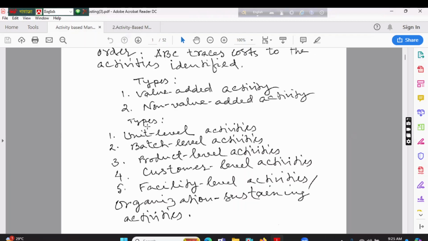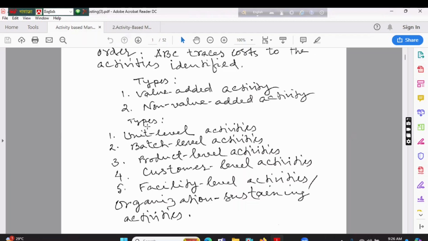In traditional costing, we assign manufacturing overhead to product on the basis of a predetermined overhead rate.